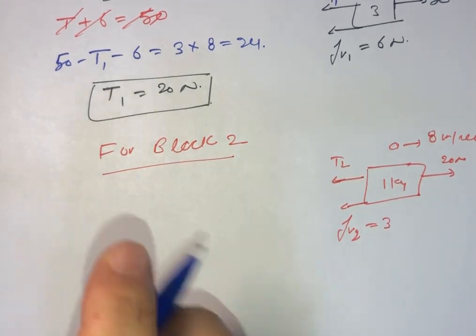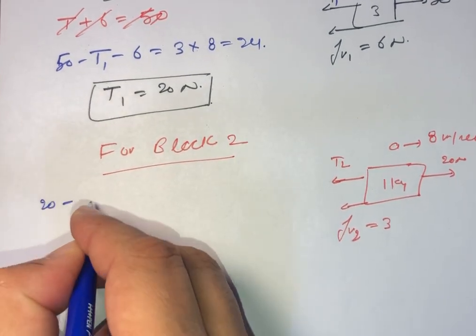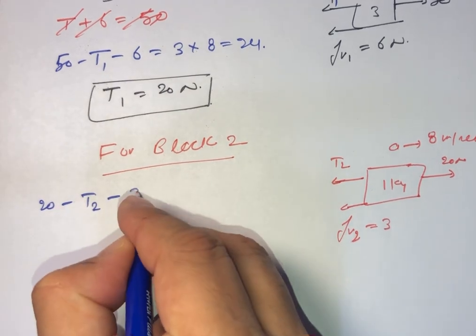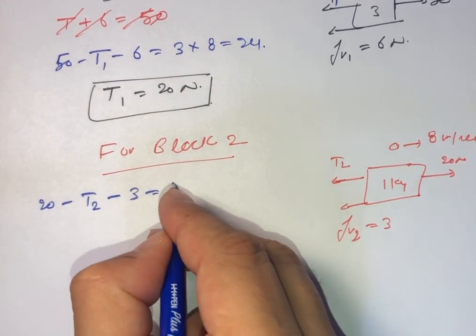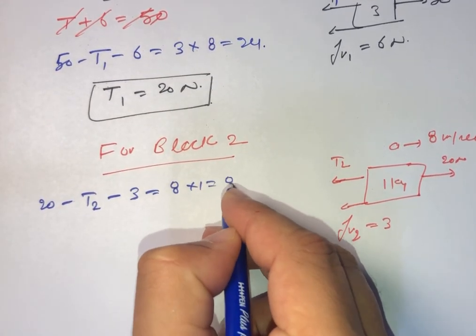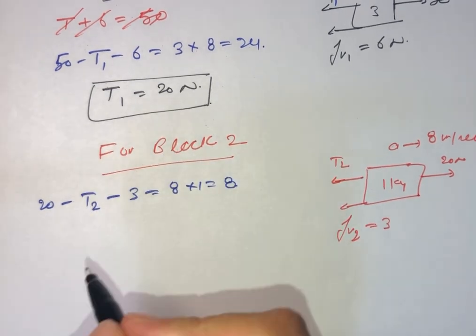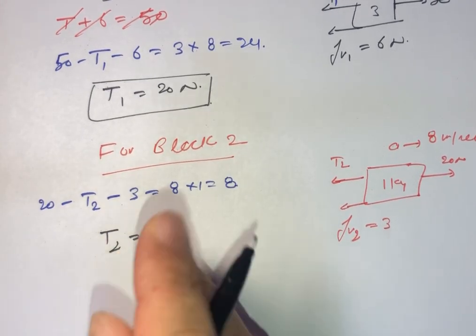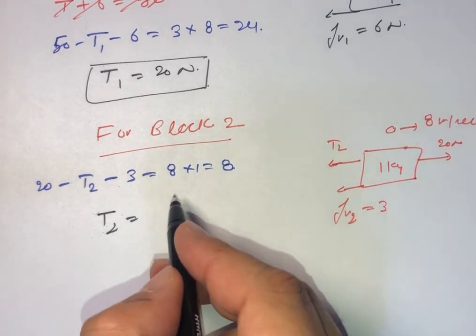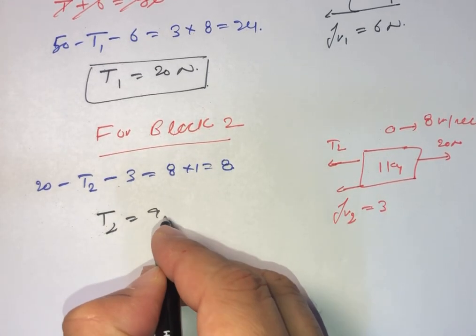So we can once again solve it. We can say 20 minus T2 minus 3 will be equal to 8 into 1, that is 8, and we can find out T2. T2 will be 9 Newton.